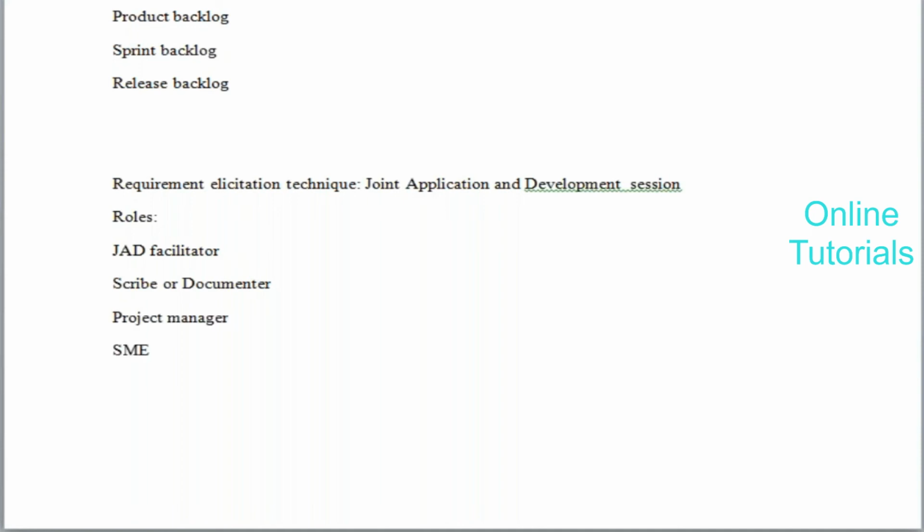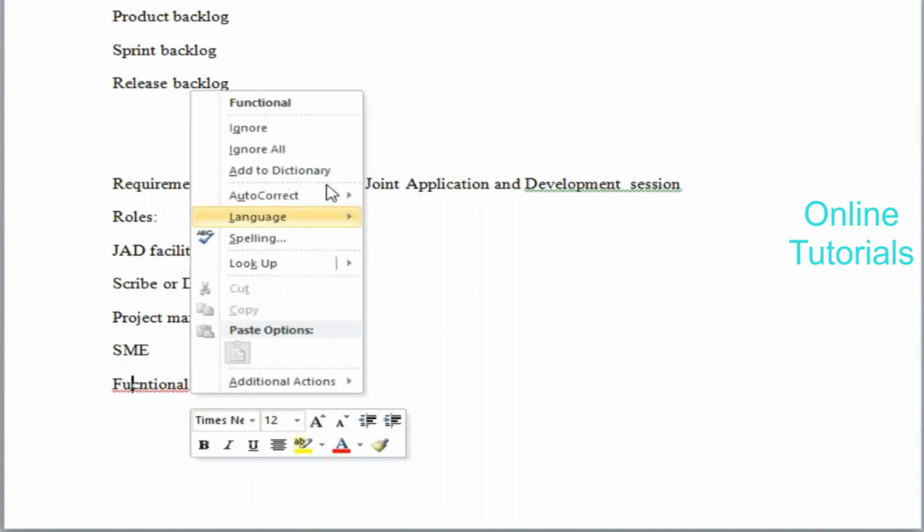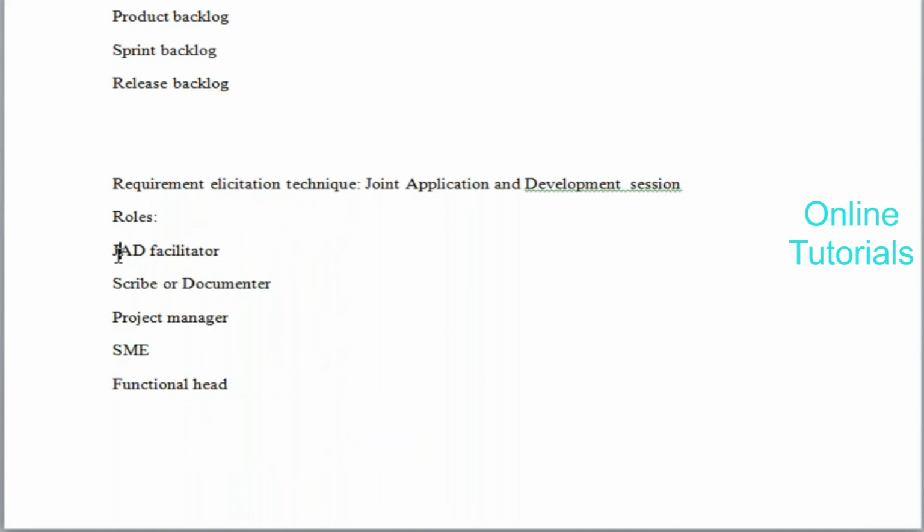We may have a subject matter expert. We may have technical people. We may have functional heads. And both external and internal stakeholders. All these people come under JAD roles.